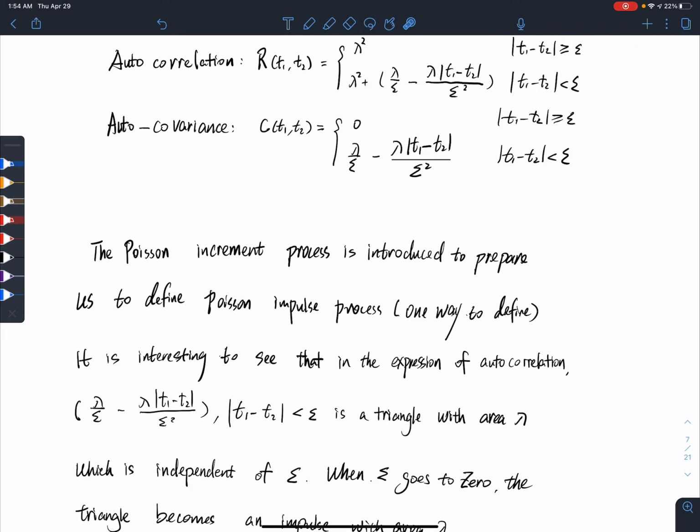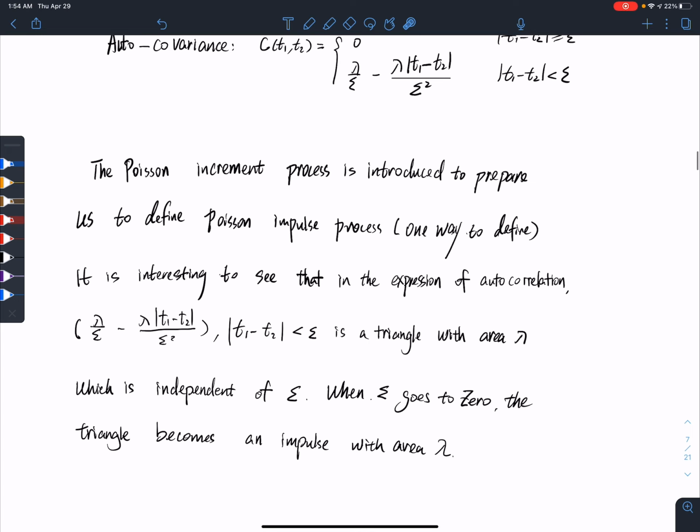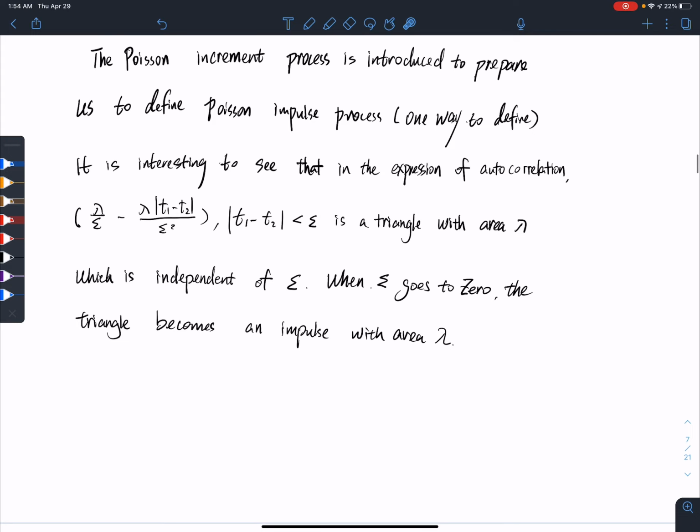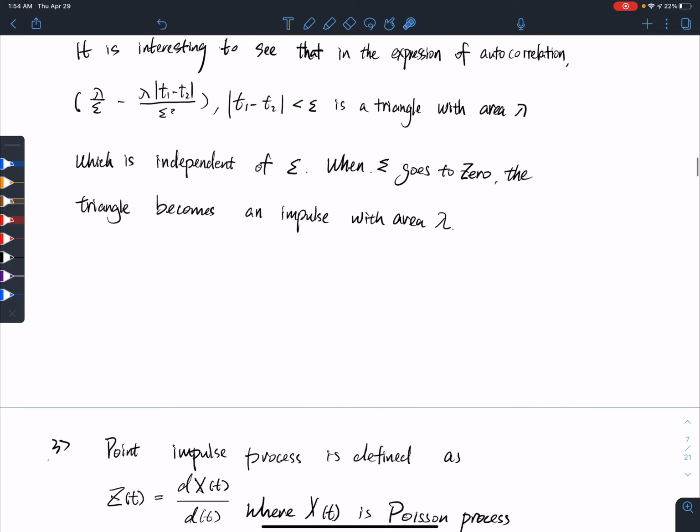It is interesting to see that in the expression of autocorrelation, lambda over epsilon minus lambda times absolute value t1 minus t2 over epsilon squared, when the absolute value of t1 minus t2 is less than epsilon, is a triangle with area lambda, which is independent of epsilon. When epsilon goes to 0, the triangle becomes an impulse with area lambda.